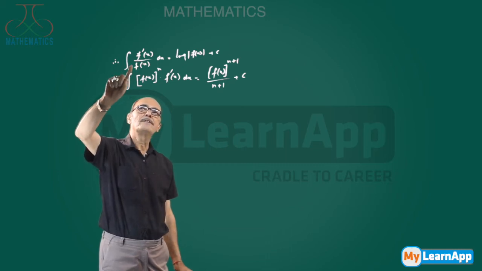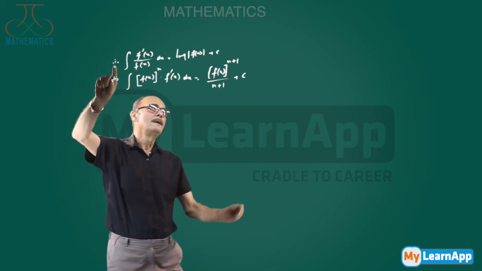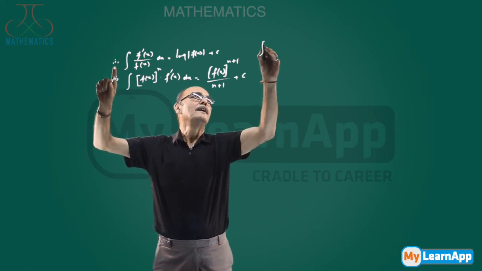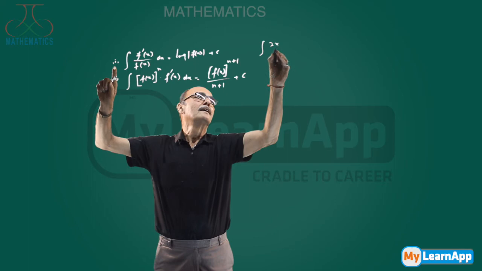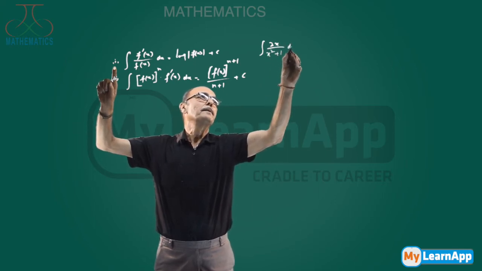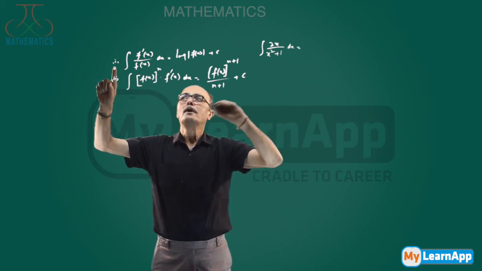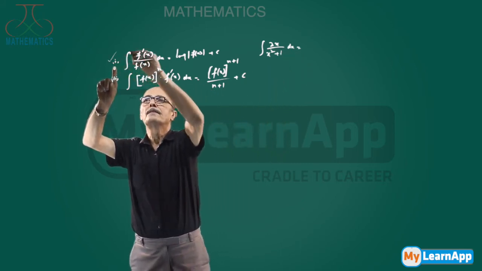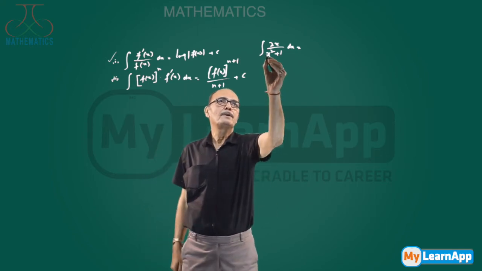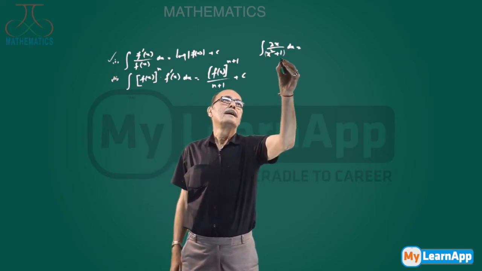For instance, I want to use the first formula, so I can write it as integral 2x upon x square plus 1. It is a very simple problem I am discussing, okay, how to use this first formula. Now, derivative of x square plus 1 is 2x.